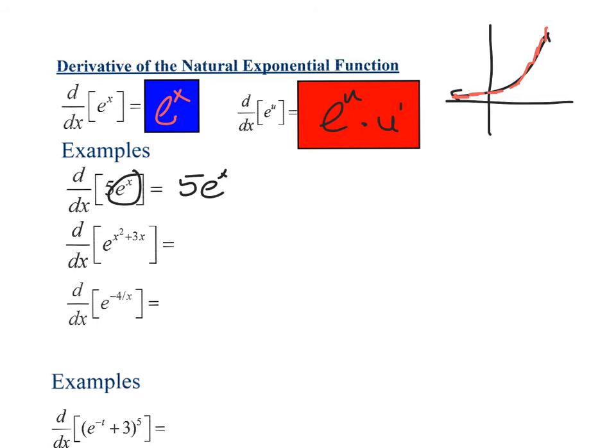Crazy. Okay, think about this as u. So you're going to have to do e to the x squared plus 3x, like we're used to doing. Just remember you have to multiply by the derivative of that. So times 2x plus 3. And you can leave it looking gross if you want.